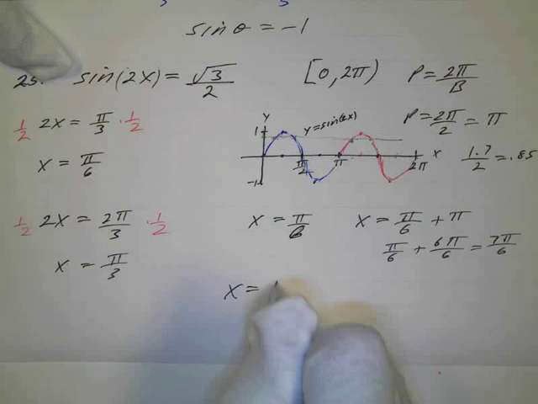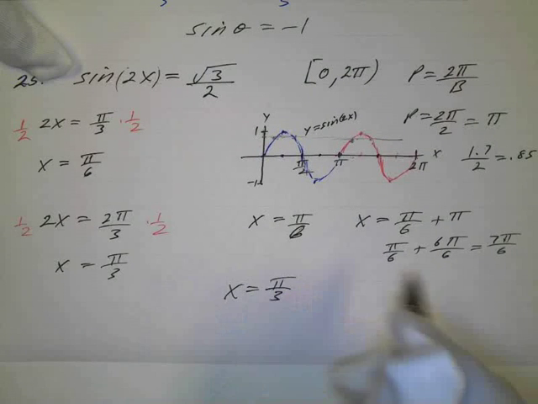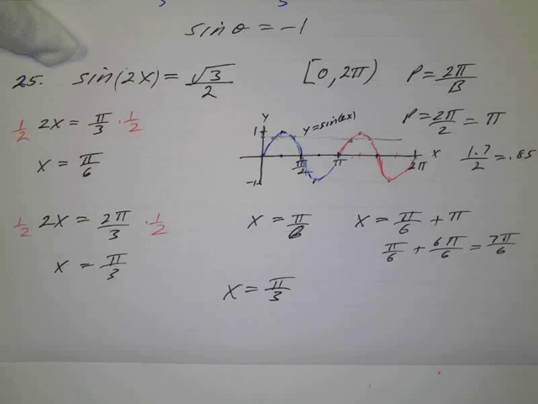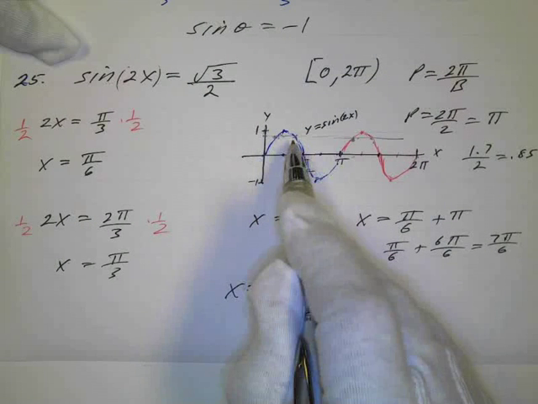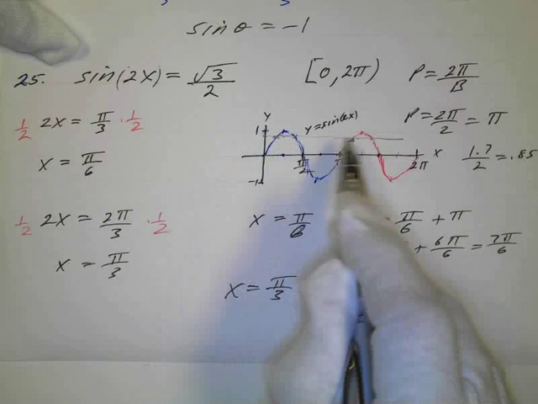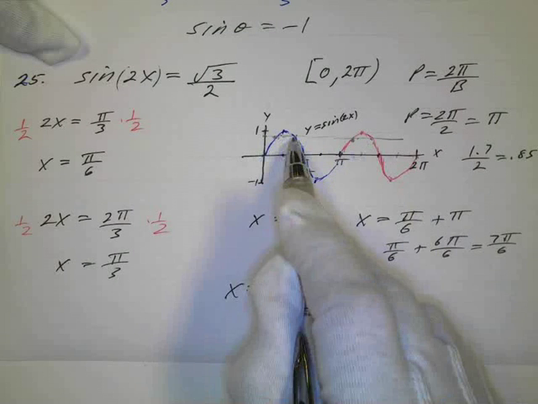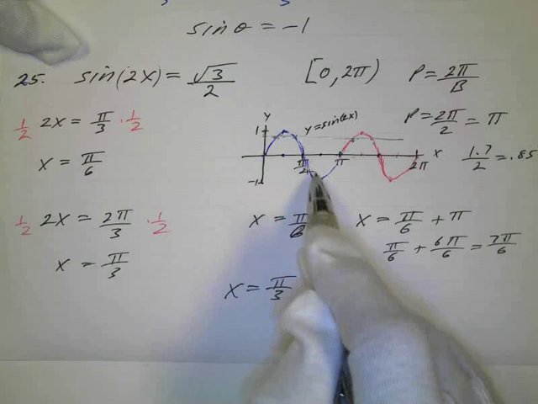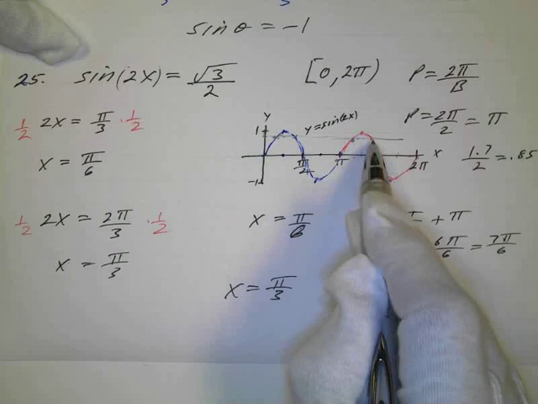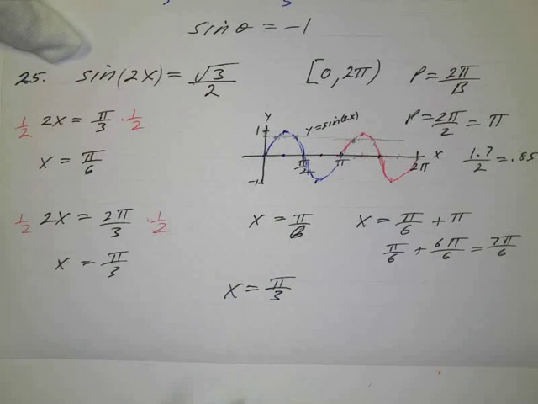Now let's take a look at the pi over 3. x equals pi over 3. But we want to get the next value, so that's going to be another period over. From there to there is another pi.